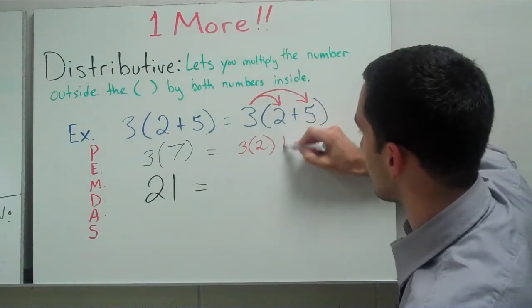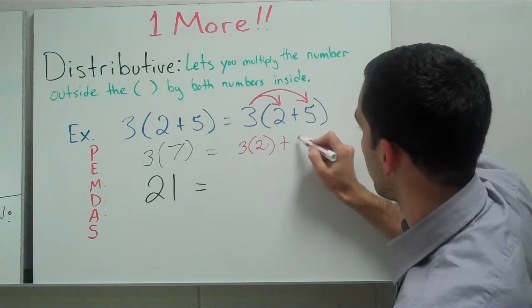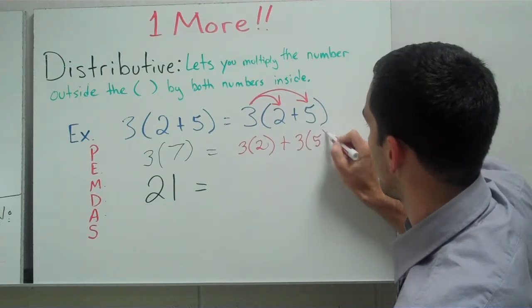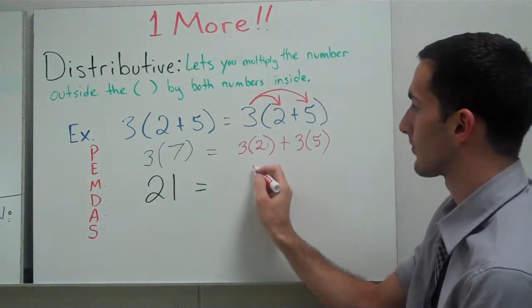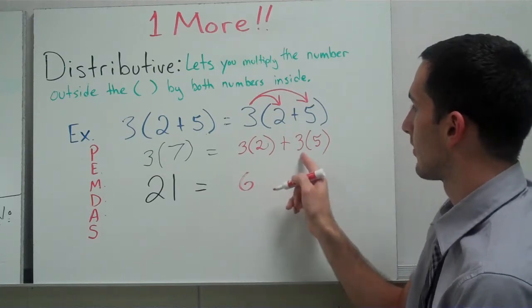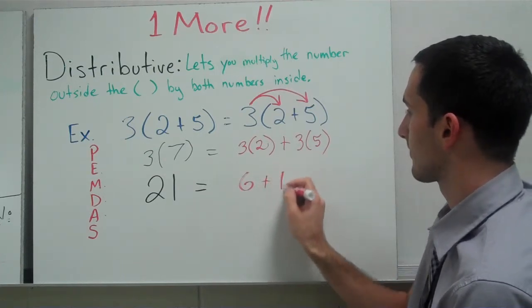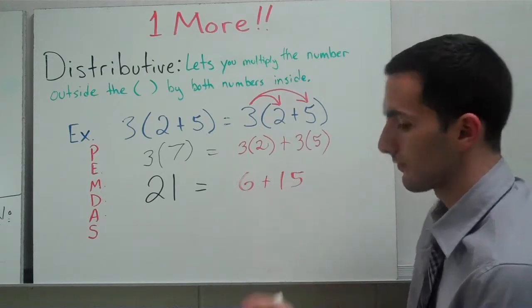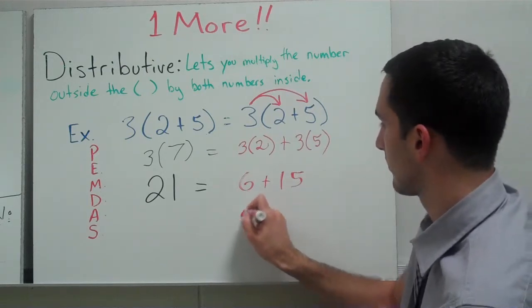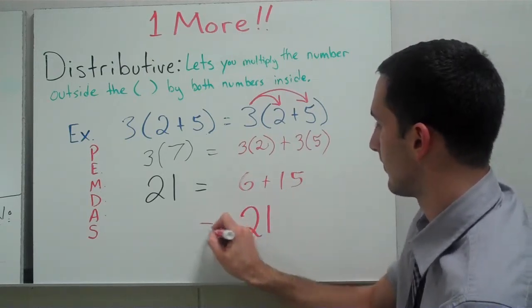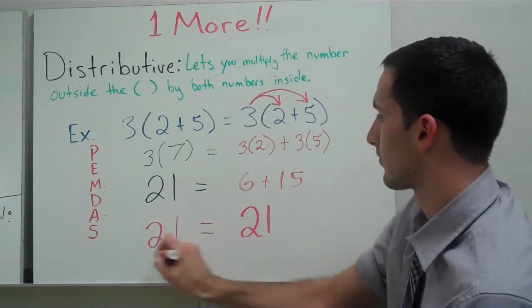And I'm keeping that plus sign. And then I'll simplify. 3 times 2 is 6. 3 times 5 is 15. 6 plus 15 is 21, which of course equals 21.